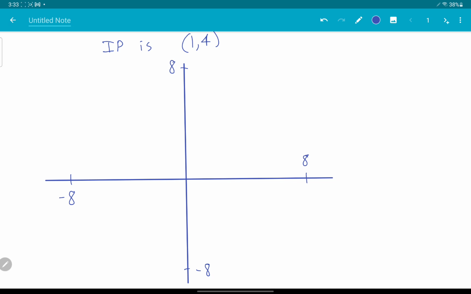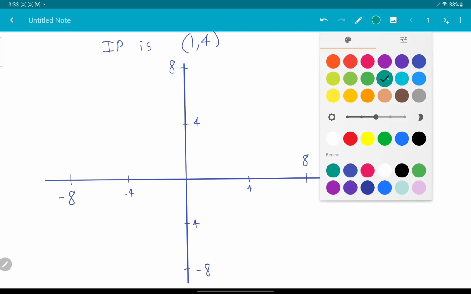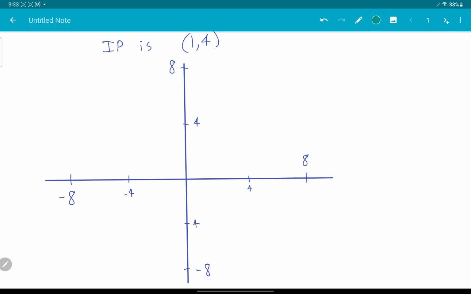Okay, the IP was x equals 1, y equals 4. So I'll put some 4s in here. x equals 1 is roughly here. y equals 4 is right about there for my IP.